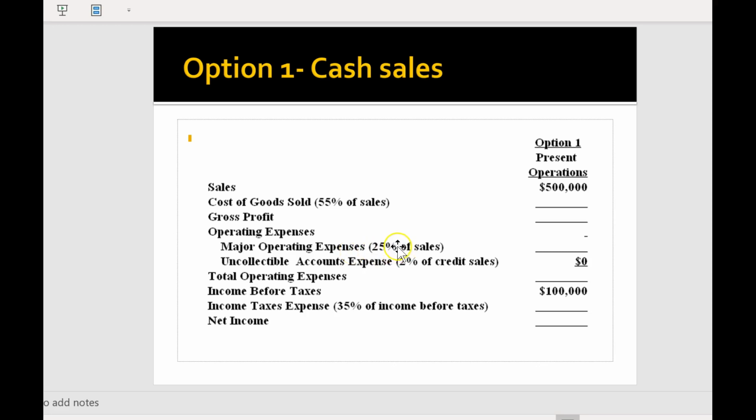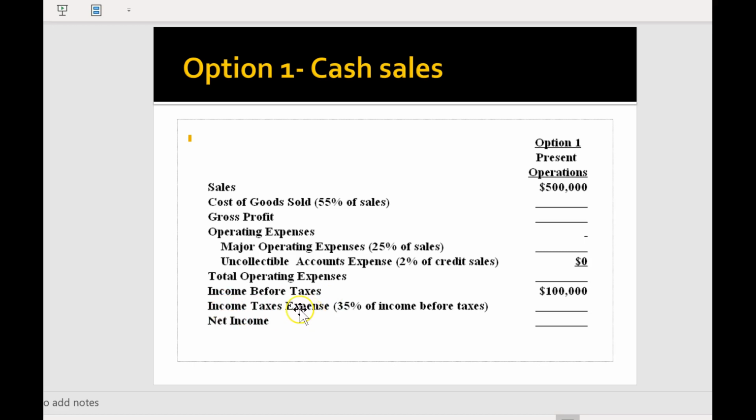The more you sell, the more operating expenses you are using, which is a reasonable assumption. And then there is an uncollectible account expense belonging to operating expenses. We are singling this out because the two options would have different expenses. So gross profit minus total operating expenses, which is the sum of the two, gives you income before taxes, which means how much money we earn before we pay taxes to the government.